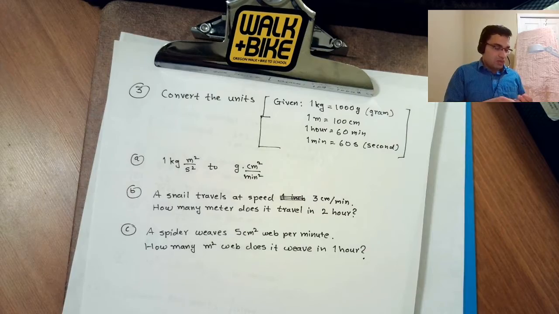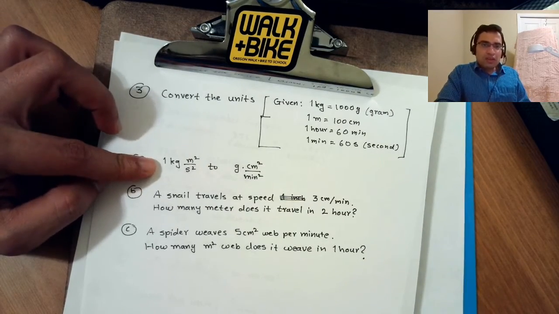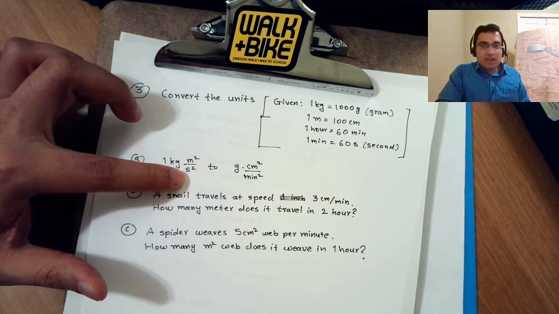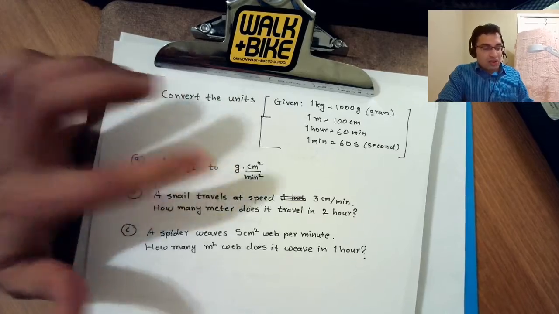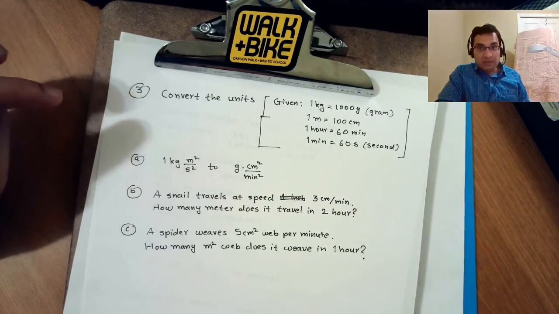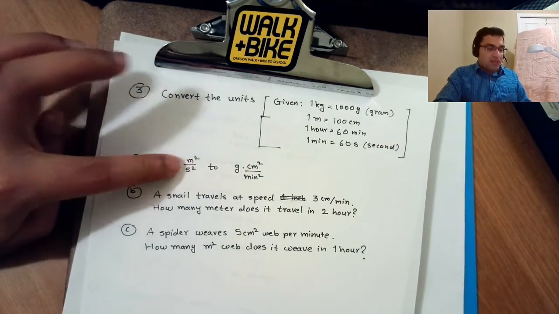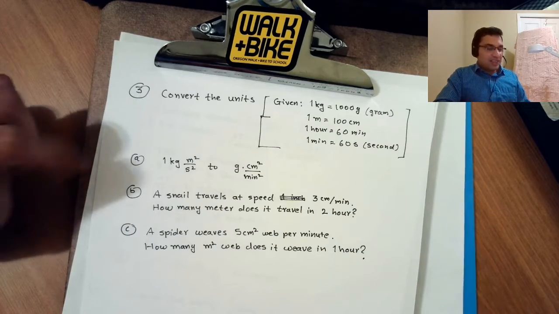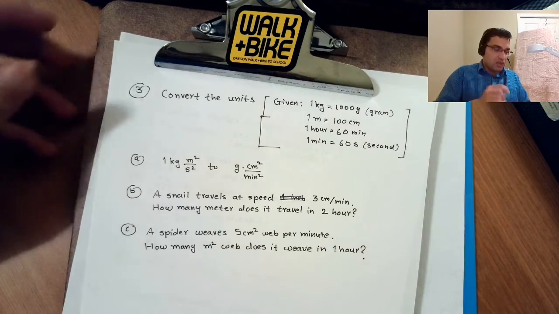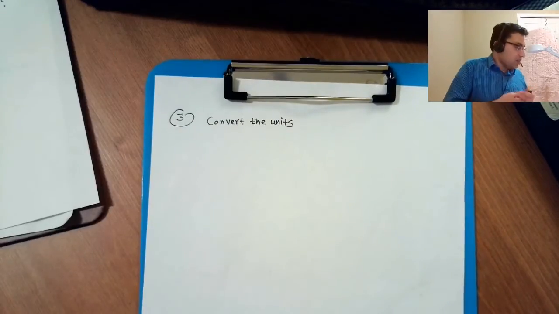Okay. So using these, convert 1 kilogram meters square divided by second square to gram centimeter square divided by minute square. Okay. All right. So now you have many different things to deal with, right? How will you do it? That's okay. You have the conversion factors here. So let's get started.